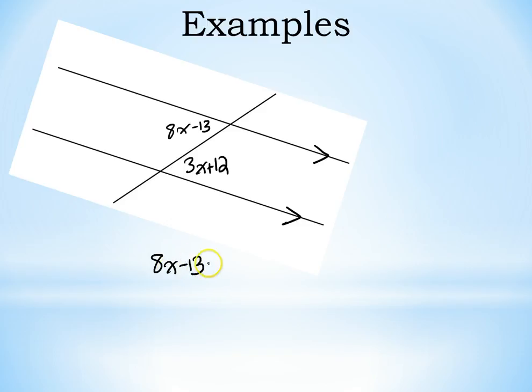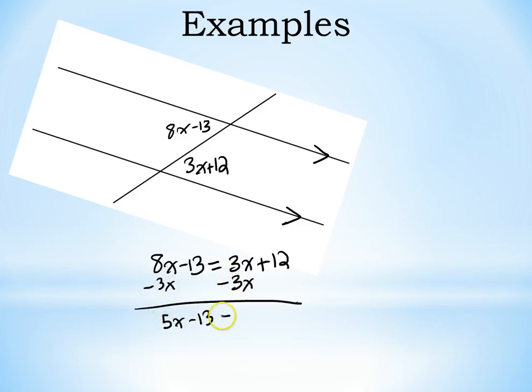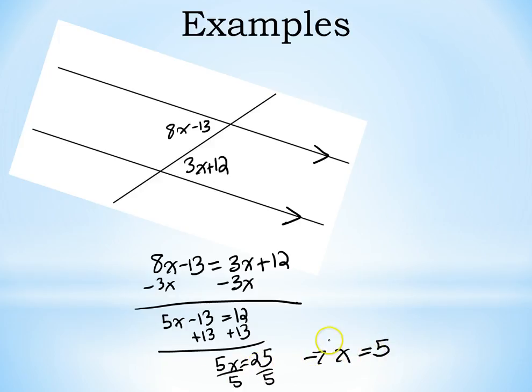So 8x minus 13 equals 3x plus 12. So we subtract 3x from both sides. We get 5x minus 13 equals 12. Add 13 to both sides. 5x equals 25. Last step, divide by 5. And you get x to equal 5.